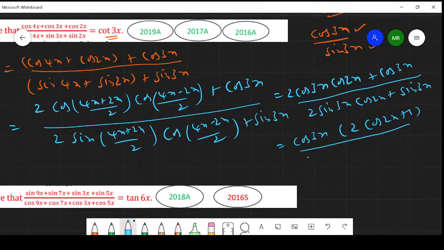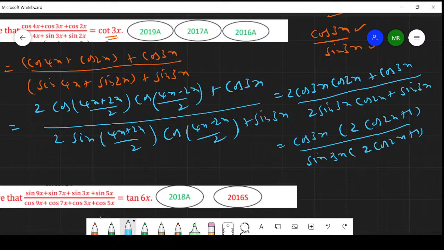By, in the denominator, you take sin 3x common, so this will become 2 cos 2x plus 1.